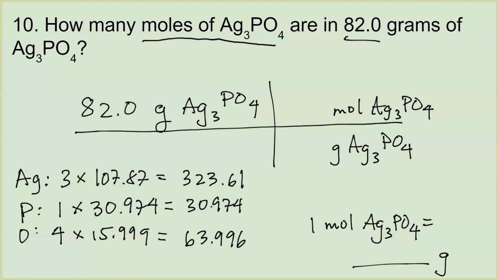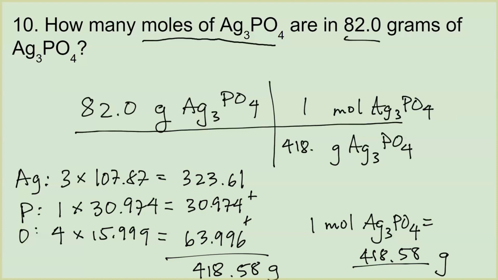Okay, I got a molar mass after adding all these together equal to 418.58 grams. So 418.58. I need to put the 1 with the moles, so that'll go up here. Put the 418.58 down there. So now I'm going to cancel out units.